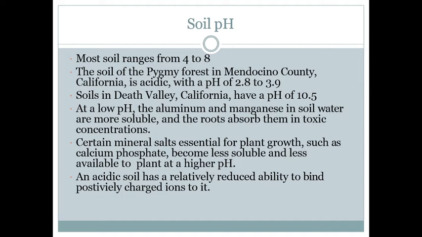At a low pH, the aluminum and manganese in soil water are more soluble, and the roots absorb them in toxic concentration. So if aluminum and manganese are present in the soil, it's actually toxic to plants and animals, so not good for planting. Then certain mineral salts essential for plant growth, such as calcium phosphate, become less soluble and less available to plants with a higher pH. An acidic soil has a relatively reduced ability to bind positively charged ions to it.